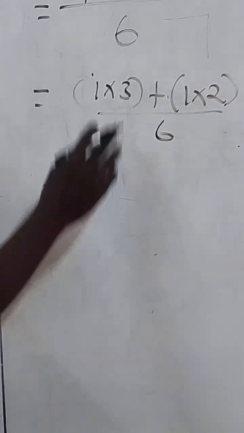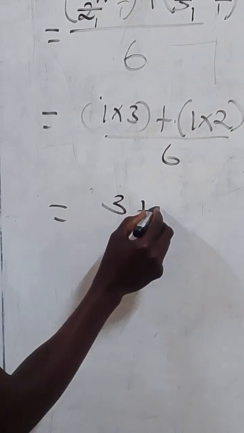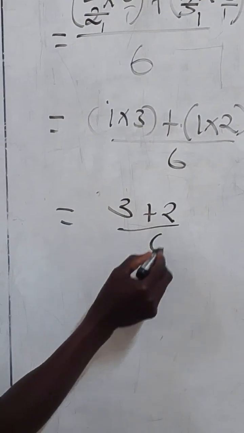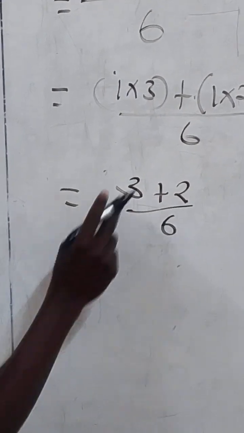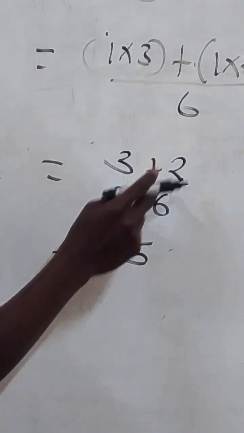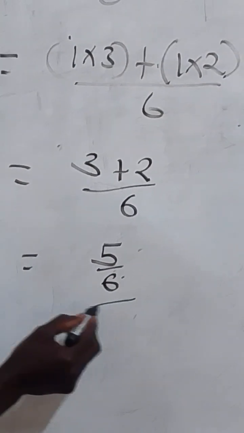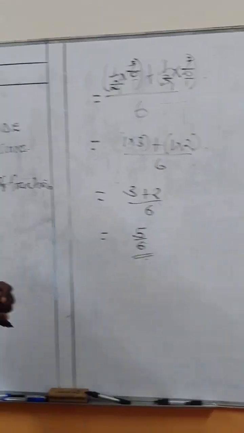Now 1 times 3, you get 3, plus 1 times 2, you get 2, out of 6. So 3 plus 2, you get 5. Then our lowest common denominator is 6. So friends, that one qualifies to be the answer.